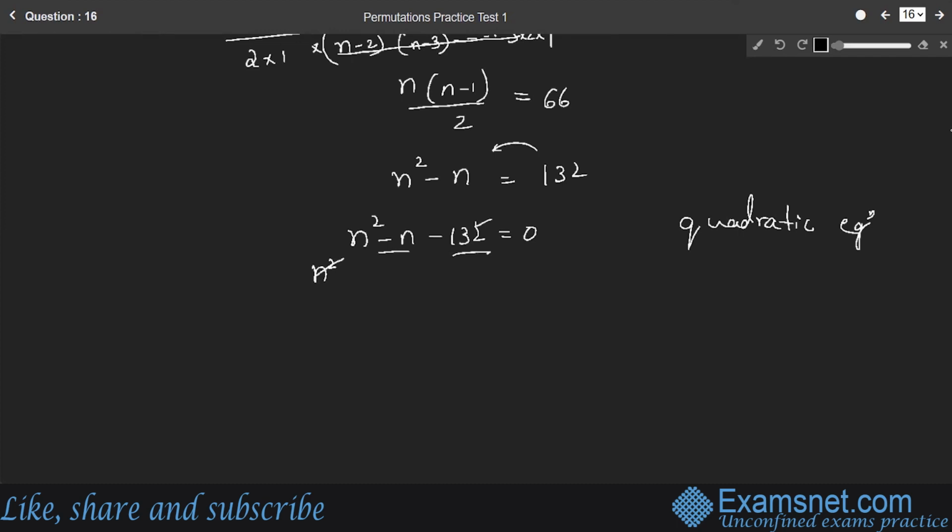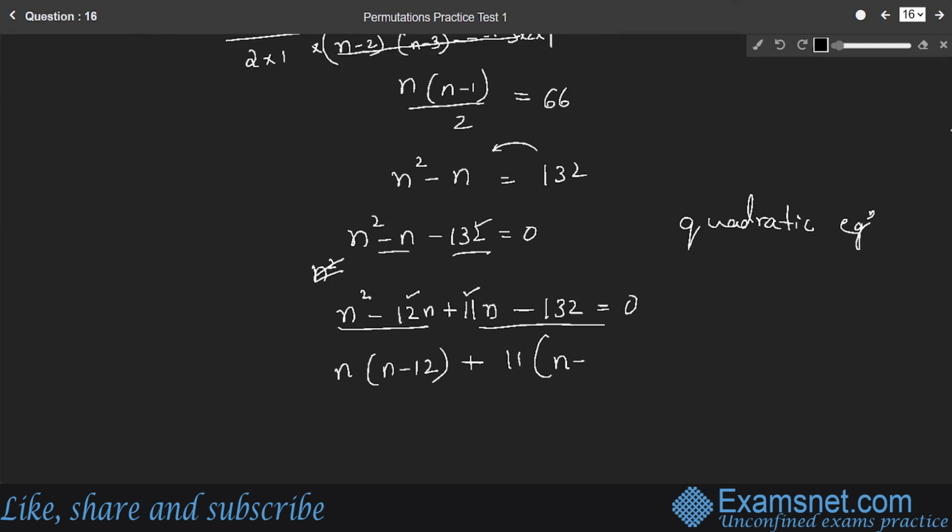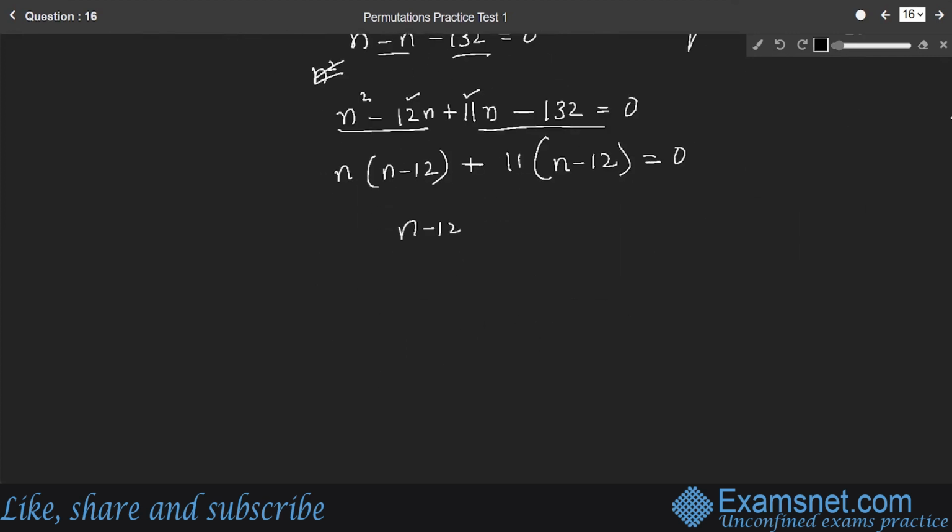Therefore, the middle term can be split as n square minus 12n plus 11n, so that the product of minus 12 and plus 11 becomes minus 132, the last term, equal to 0. Take the first two terms where n is common, so we have n minus 12 as the second factor. In the last two terms, we have 11 as common and we have n minus 12, equal to 0. Therefore, n minus 12 into n plus 11 is equal to 0.